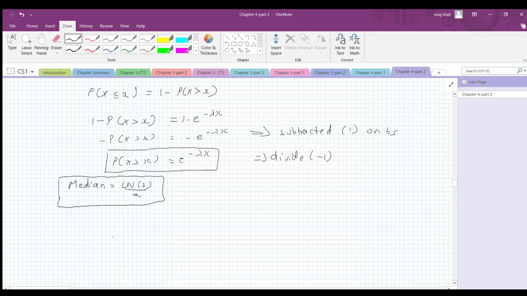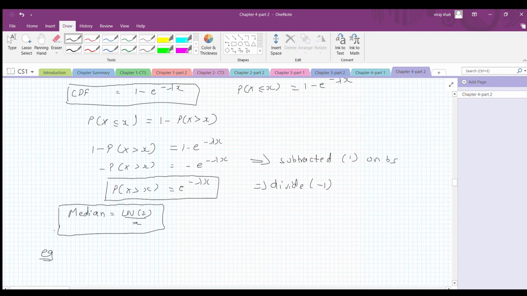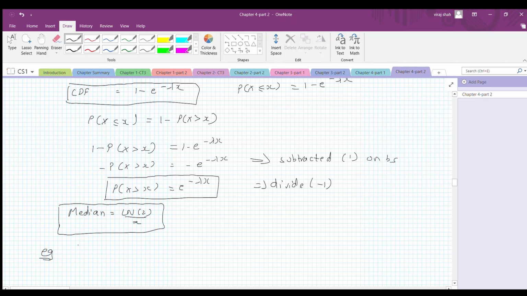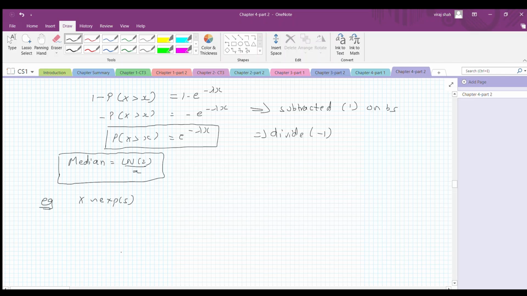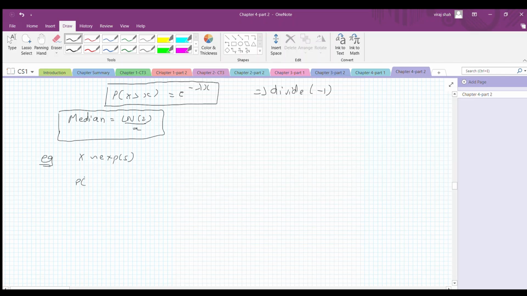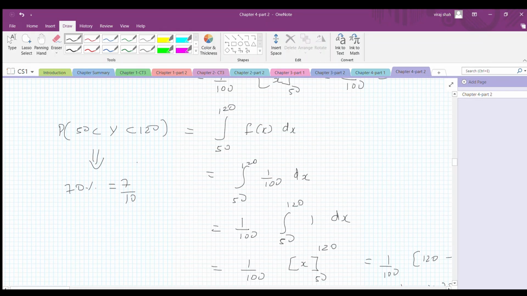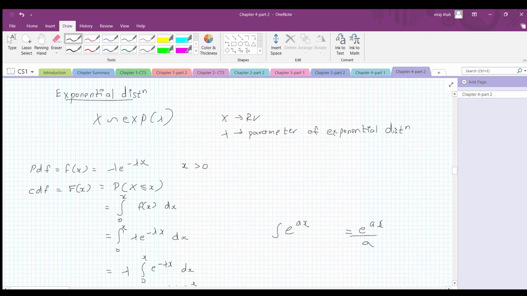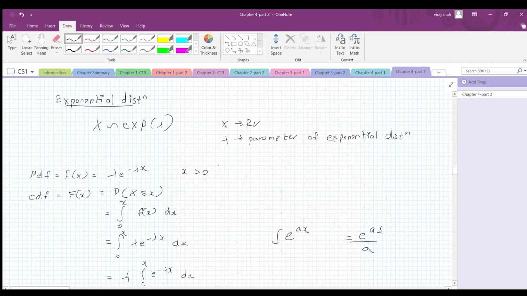So basically, let's take an example of an exponential distribution to understand. If X follows exponential with parameter 5, I can basically say that my PDF, what is the value of PDF? PDF is nothing but lambda e raised to minus lambda x. So instead of lambda, I can substitute 5, because we denoted this as lambda, right?